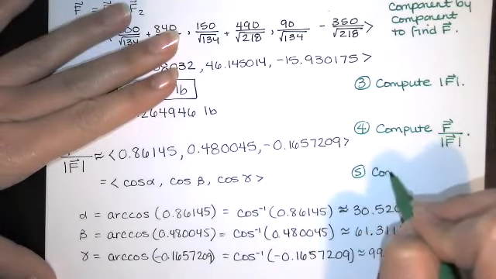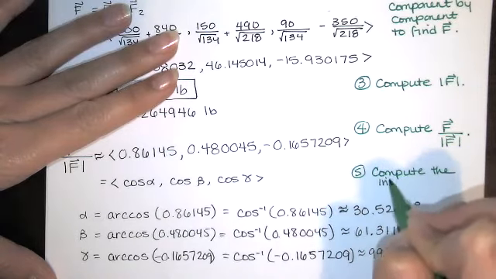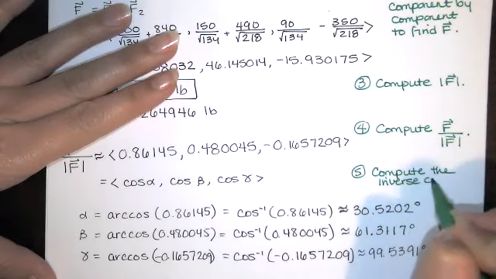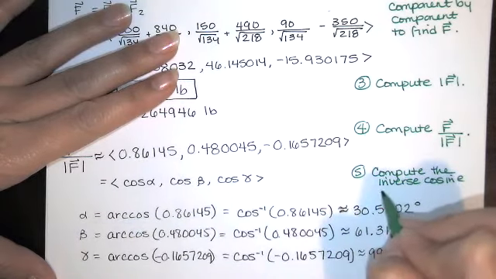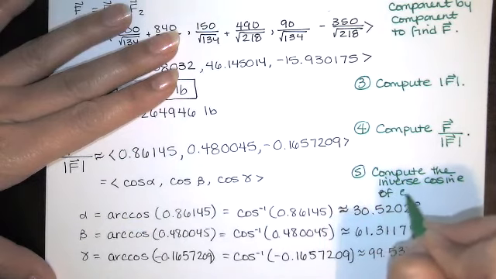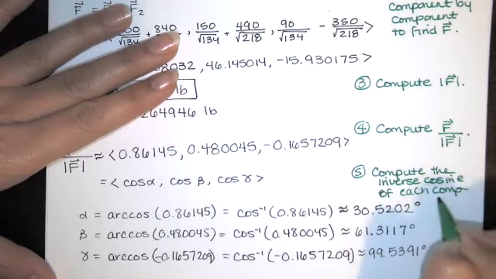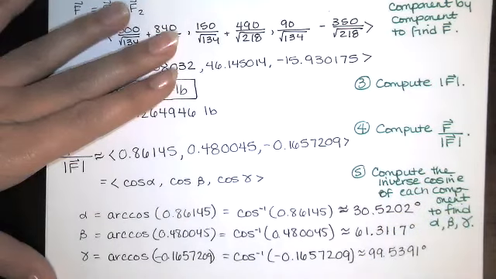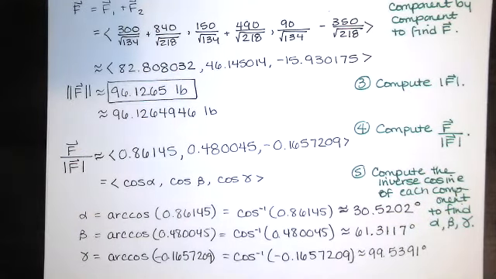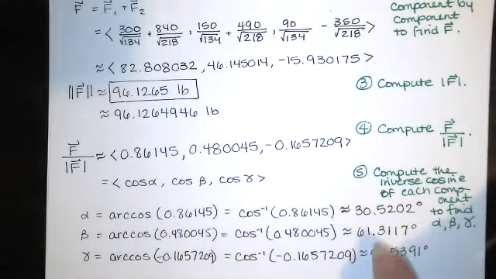And then you compute the inverse cosine of each of these numbers to find alpha, beta, and gamma. So that's the plan. That's how we do that.